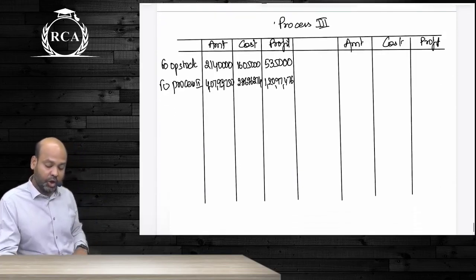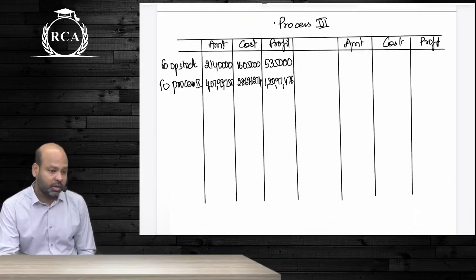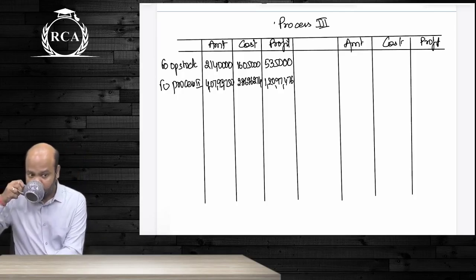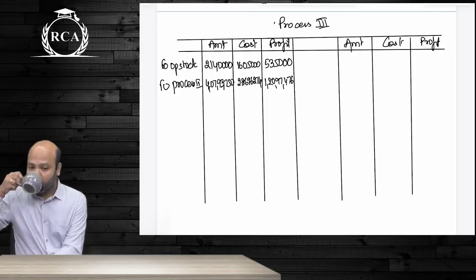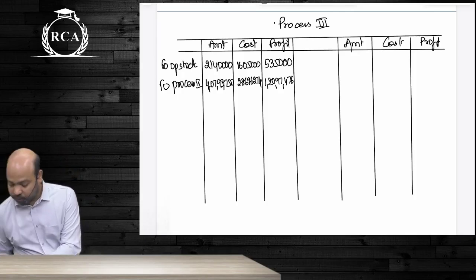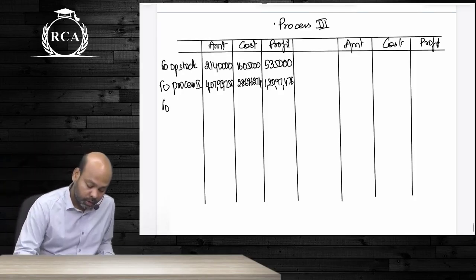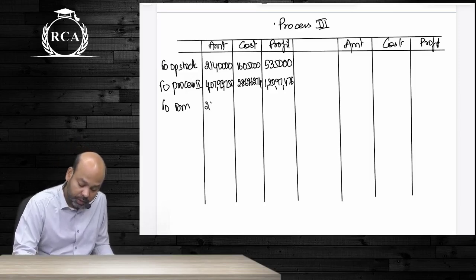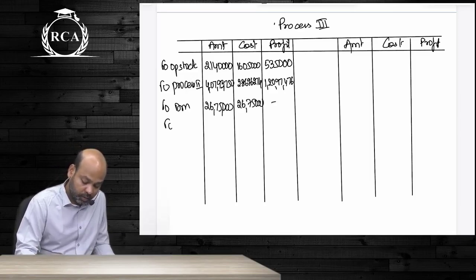This will be the cumulative profit included in that. भैया समझ में आया? Two direct material guys after this. 26 lakhs 75,000. Two direct wages 49 lakhs 22,000.